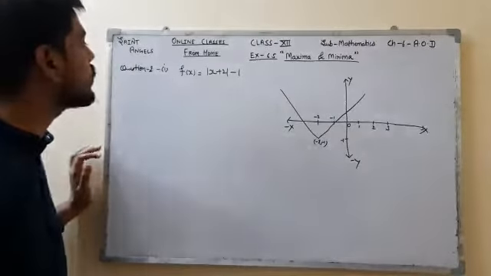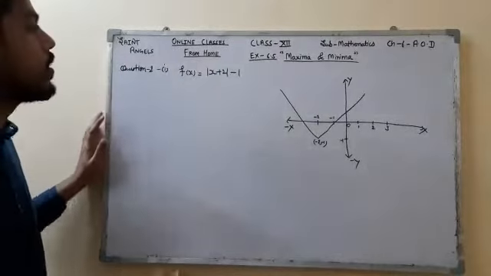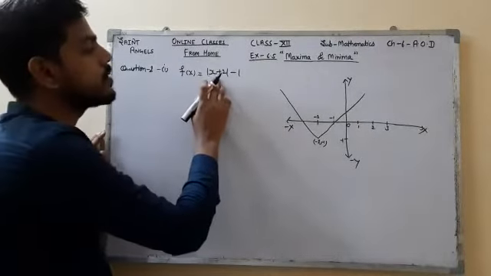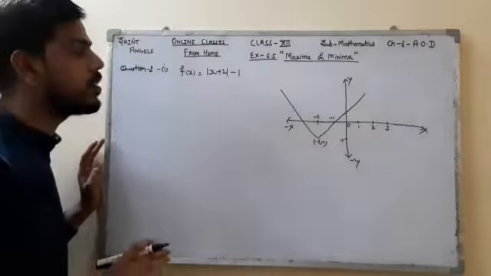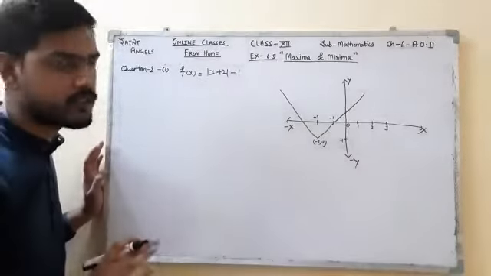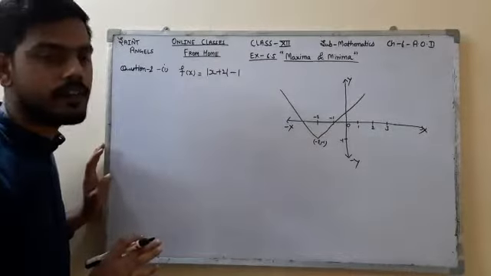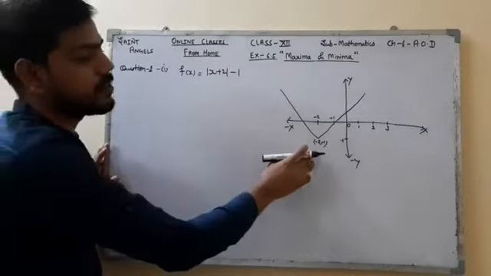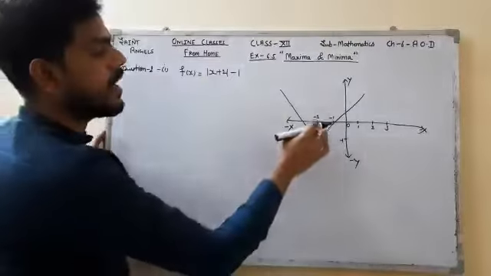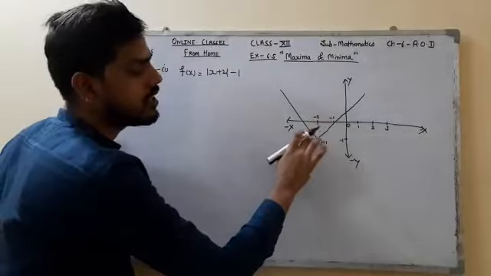Now we will look at the first part of question number 2. The function is f(x) equals mod x plus 2 minus 1. We have to find the maximum or minimum value if it exists. So first of all, I am solving it graphically. So this is the graph of this function. So we can clearly see that at x equals minus 2, the function is attaining its minimum.